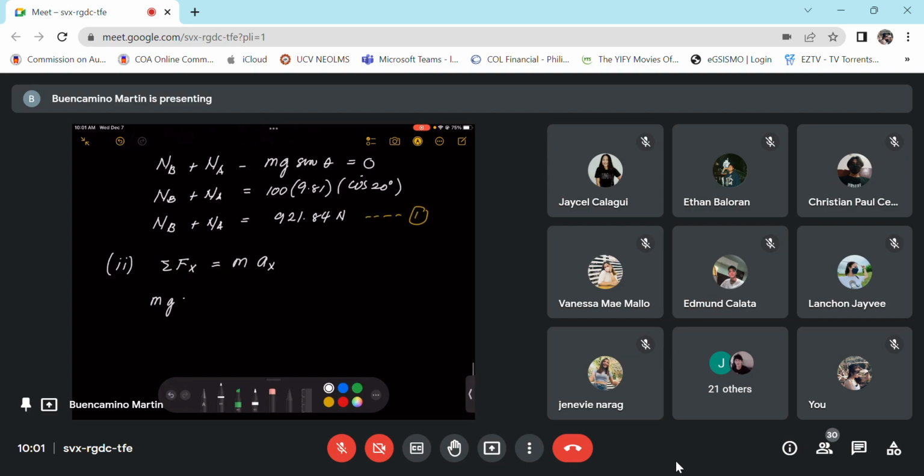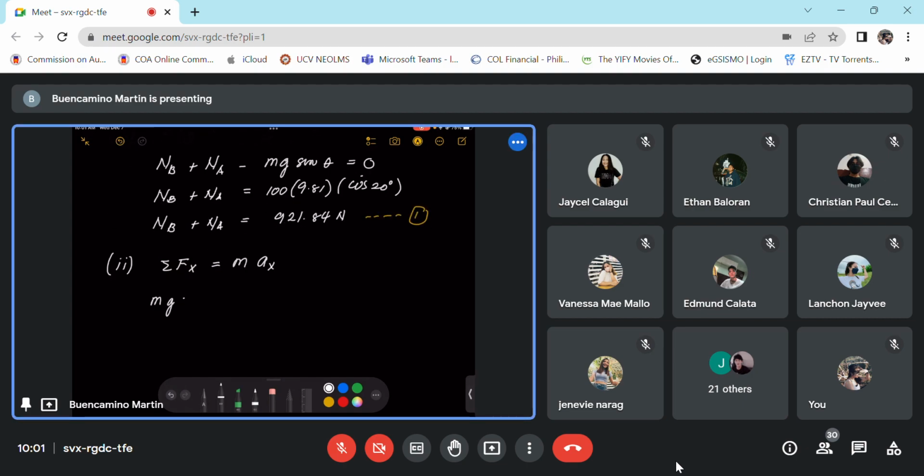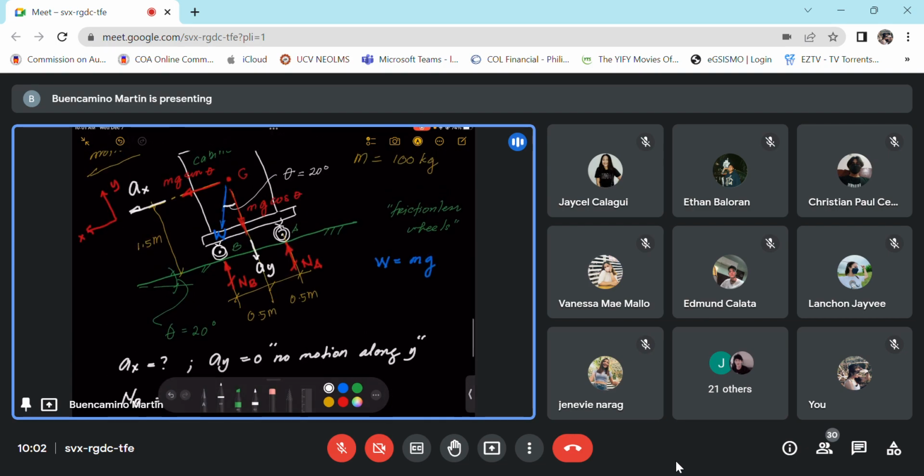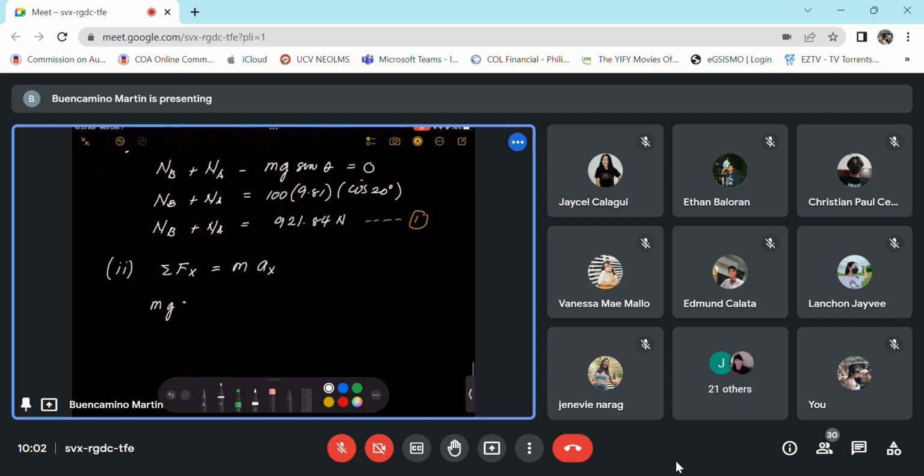Okay. Because here, the summation of forces acting along the x direction would be mg sine of theta. It is equal to, there is only one force there, that would be 100 kilogram times a sub x.